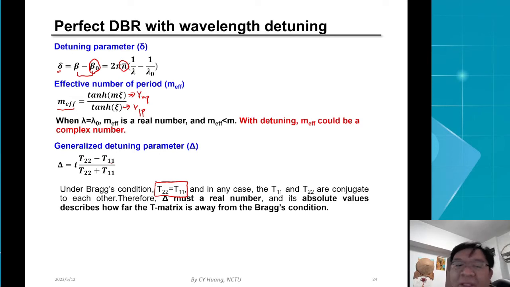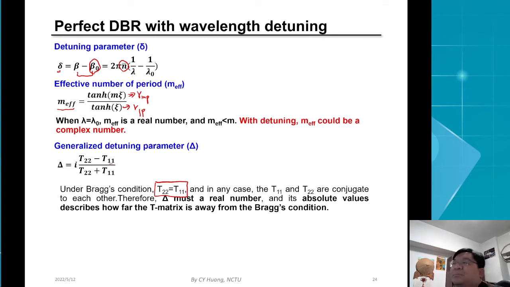But for a truly arbitrary combination, it could also be some high reflectivity combination for some reason. Although it is not designed by lambda over 4n, it could still be constructive interference.